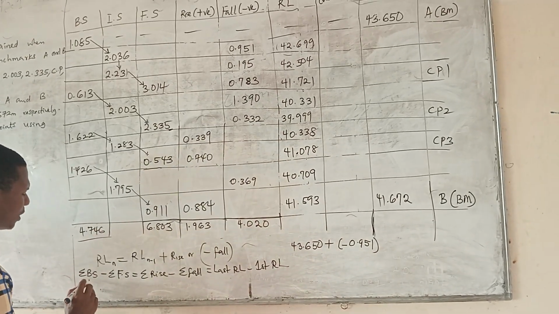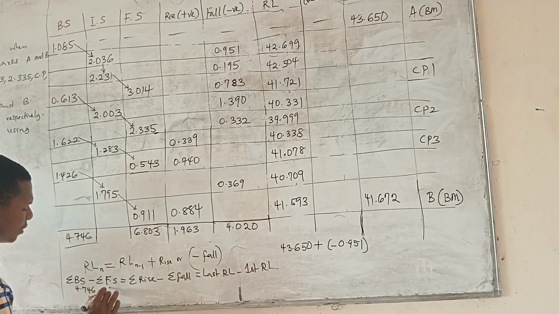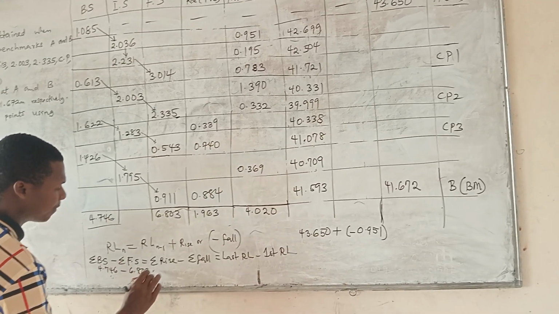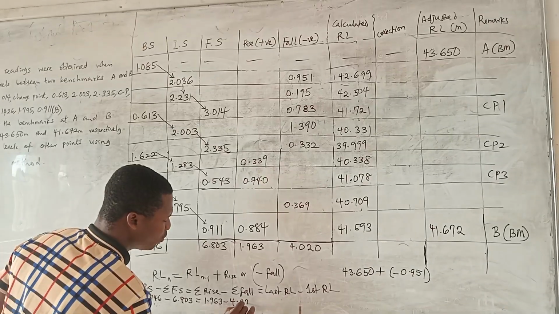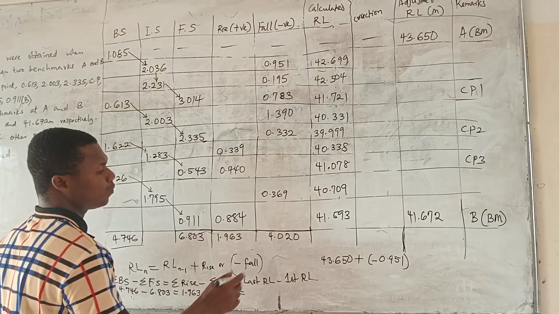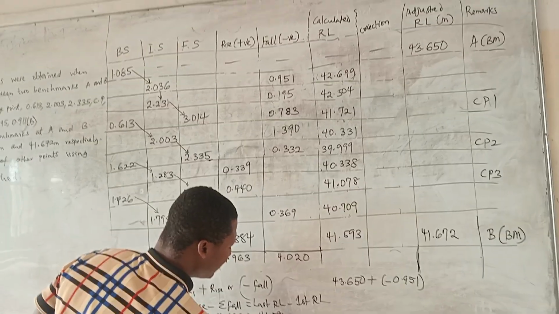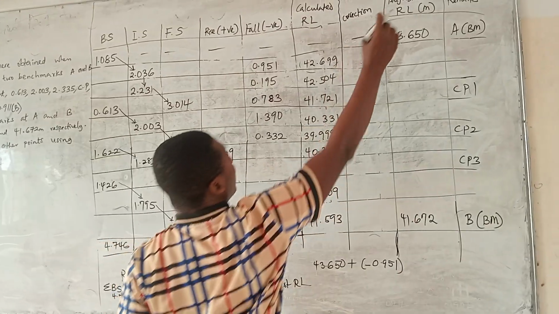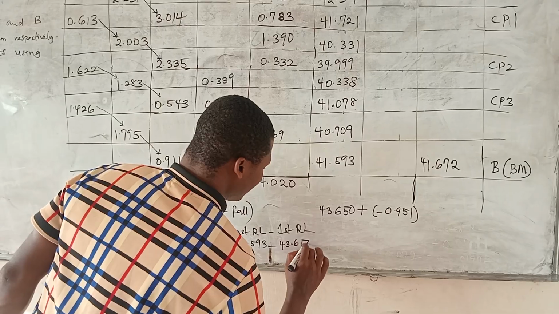So we have 4.746 minus 6.803 equals 1.963 minus 4.020, which equals the last reduced level here, 41.593, minus the first one, which is 43.650.